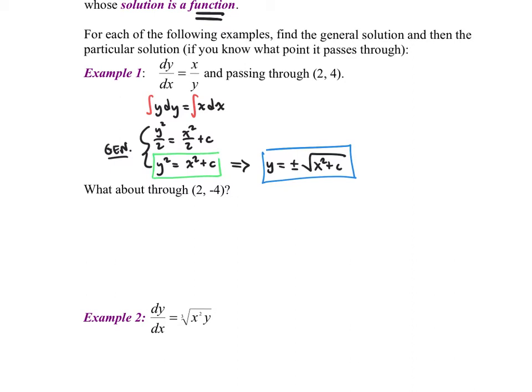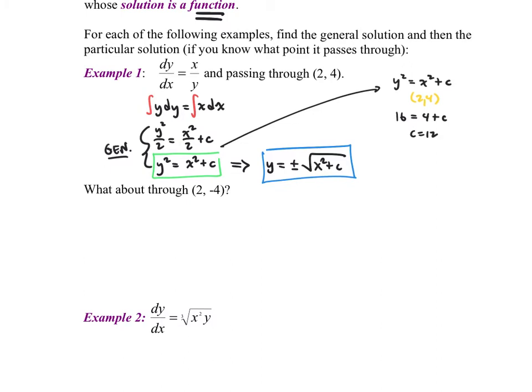I'm going to use this with our initial condition. So y squared is equal to x squared plus c. This is going to help me find the value for c. I take my initial condition, which is (2, 4). I substitute in a 4 for y, which gives me 4 squared is equal to 2 squared plus c. Looks like c here will equal 12.